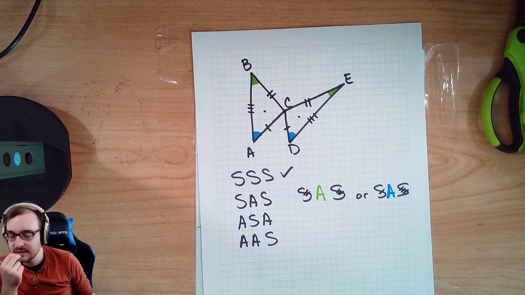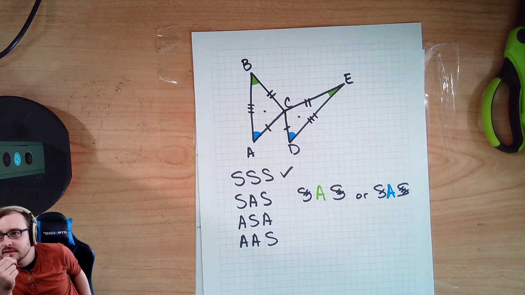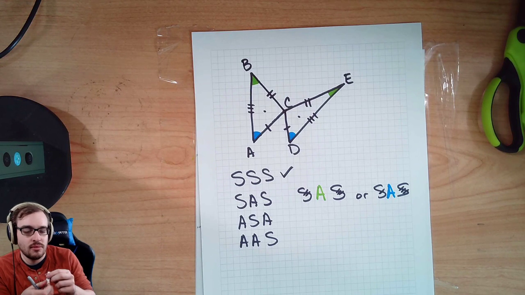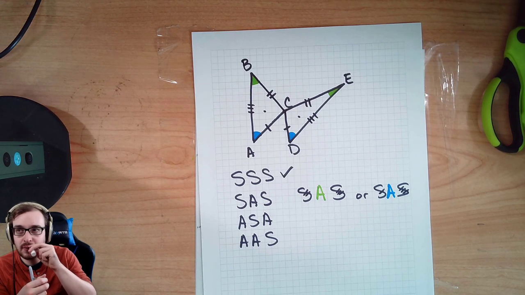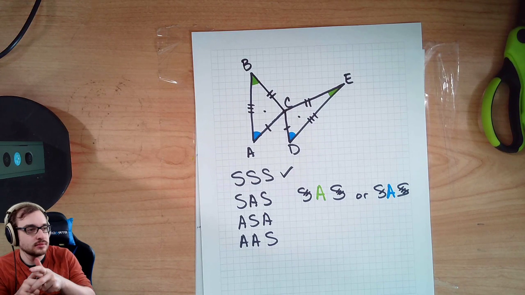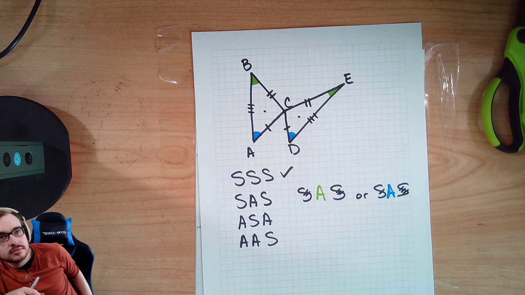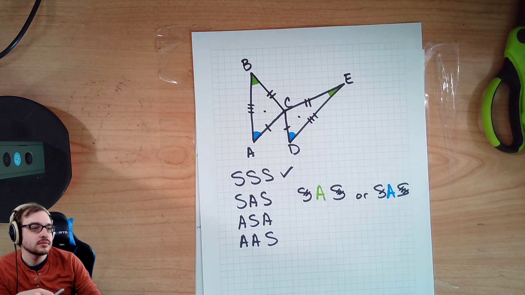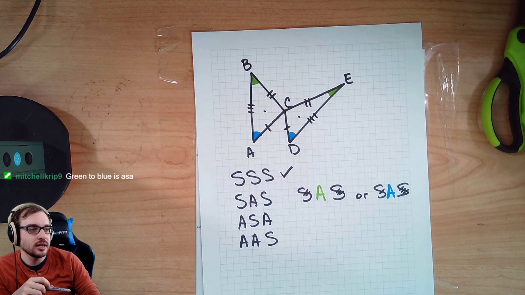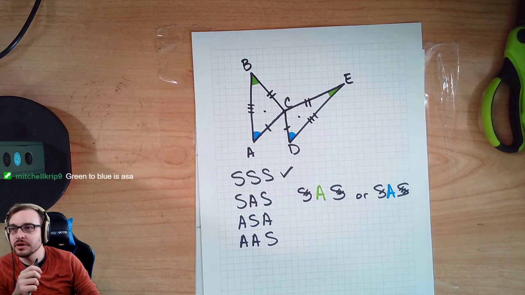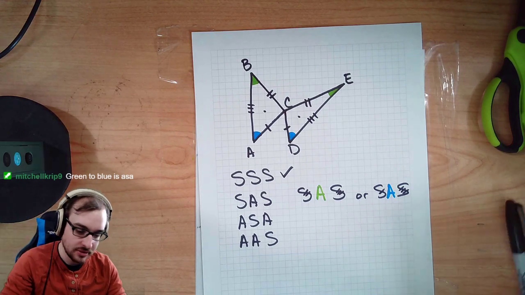What else do you see? Again, seeing it's half the battle, which is why I like doing these exercises. Green to blue is ASA. Yeah, exactly.